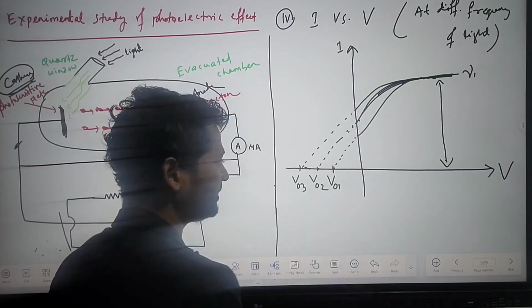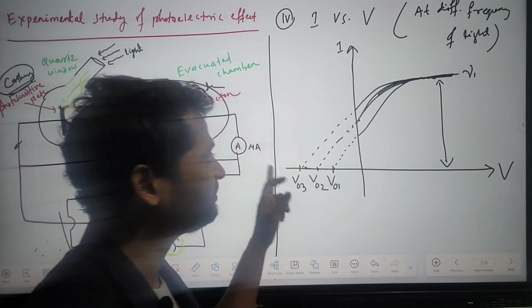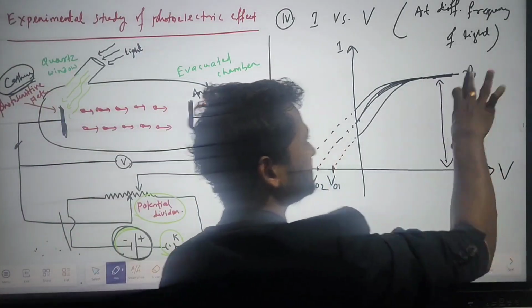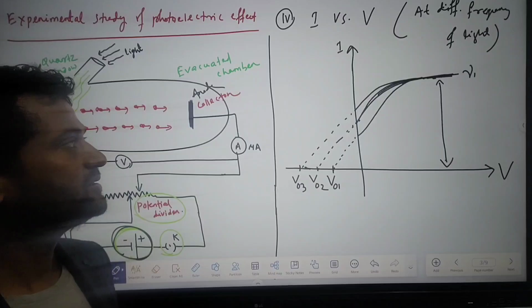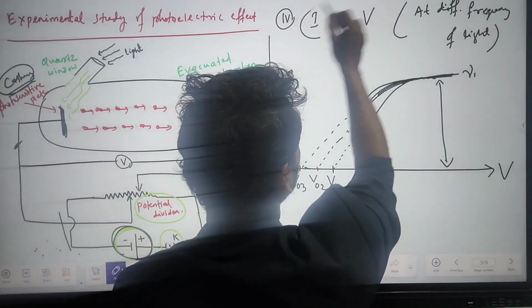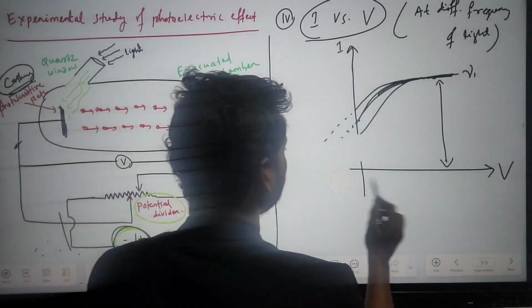So at different frequencies you get different stopping potentials, and there is only one saturation current since intensity is constant. Okay, that is all about this graph. Now I'll give one trick on how to remember these graphs.